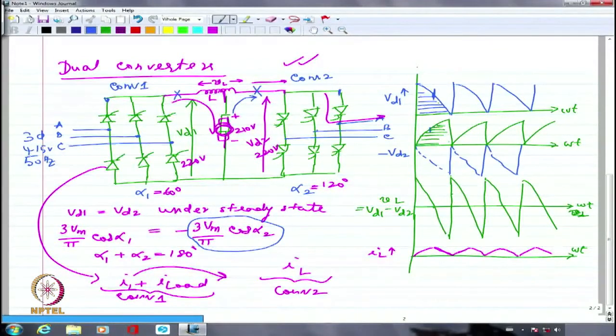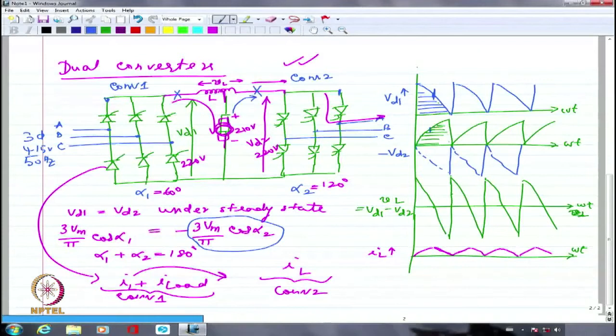My back EMF is 210 volts. That means my terminal voltage has to become less than 210 volts, which indicates that instead of alpha equal to 60 on the rectifier side, I might have to adopt 70 or 80 degrees. Correspondingly, I have to change the other side firing angle. Instead of 120 degrees, I have to bring it down to 110 or 100 degrees. Is that clear? If I do that, automatically I am going to reduce the VD2 value. Whether I like it or not, it will automatically come down.